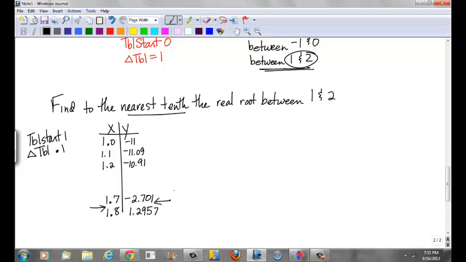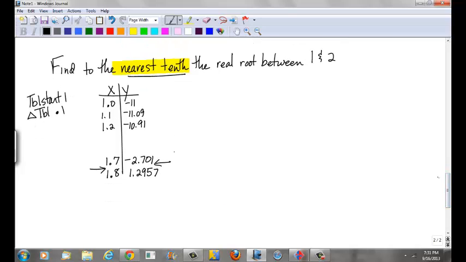Now, the directions did not say find it between. It says actually find it to the nearest tenth. So now you have to decide, is it 1.7 or 1.8? The way you actually decide is, where it crosses, the Y value is 0. So you look at these two numbers and say which one of these two is closer to 0, because that's what our Y value is here.